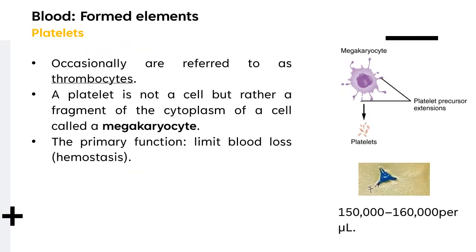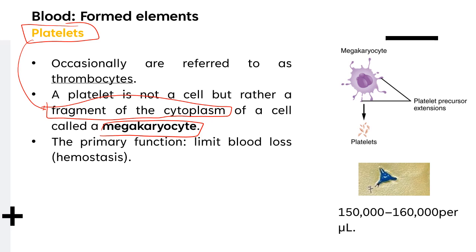The last formed element is the platelets. Keep in mind the platelets are not strictly cells. Instead, they're fragments of cytoplasm of a cell called a megakaryocyte. The main function of the platelets is hemostasis, blood clotting. So hemostasis, platelets, blood loss control.